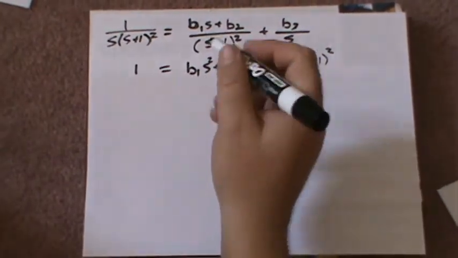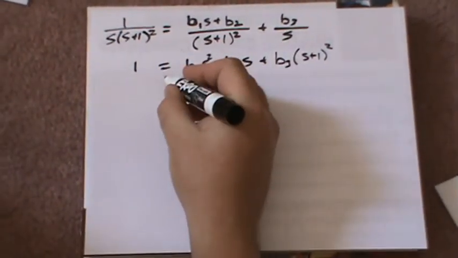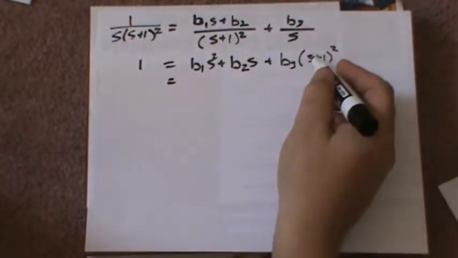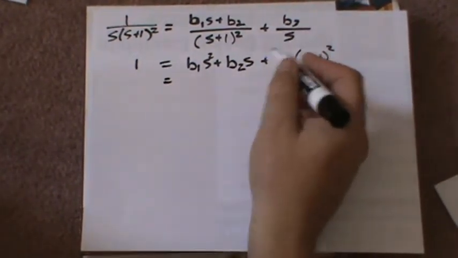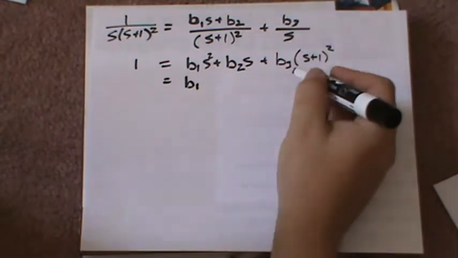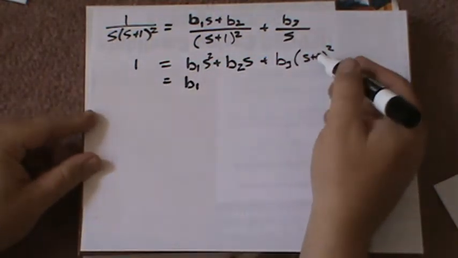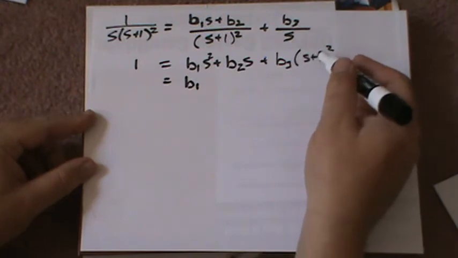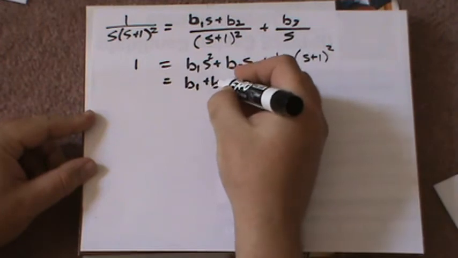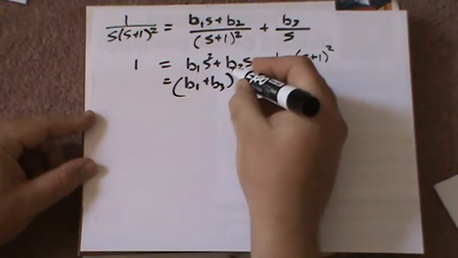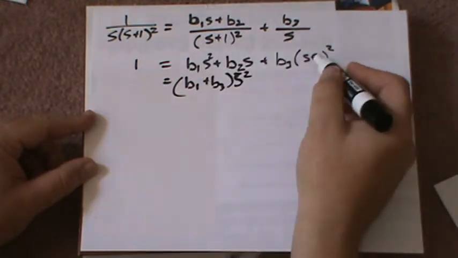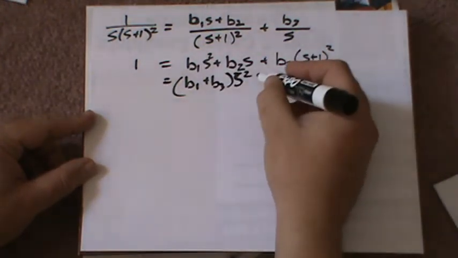Now, when I do this, let's distribute this and then gather together. This is s squared plus 2s plus 1, so the s squared term gives me b1 plus b3 times my s squared. So the b1 from here and the b3 from here.